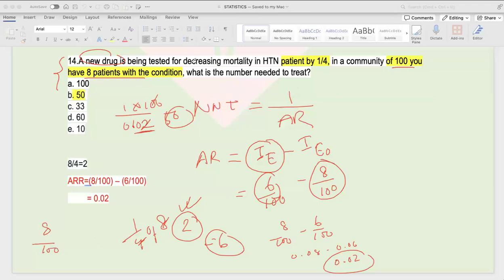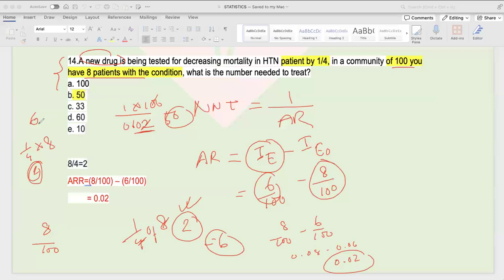Now, after the new drug, that number 8 has been reduced by 1/4. So the new drug has reduced the mortality by 1/4. So previously 8 people were dying. Now 1/4 means, what is 1/4 of 8? 2. Now 2 people are getting saved, which means 6 people are still dying. But the new drug is saving at least 2 people.